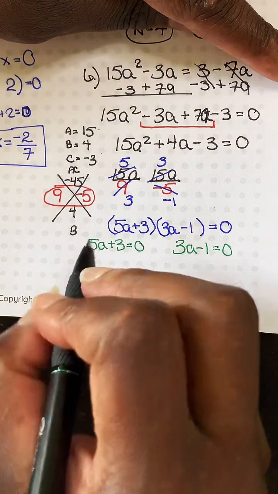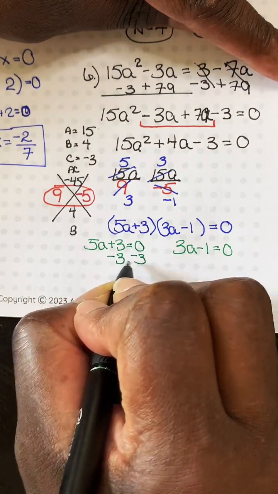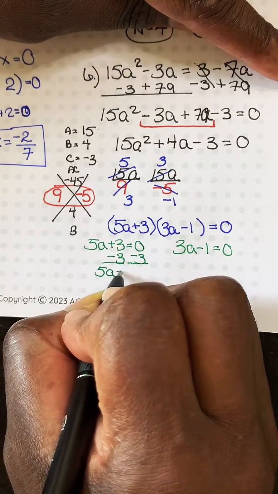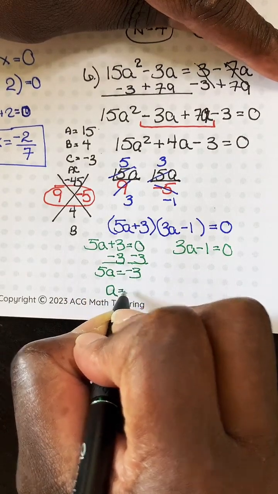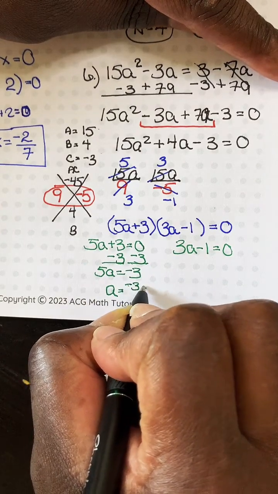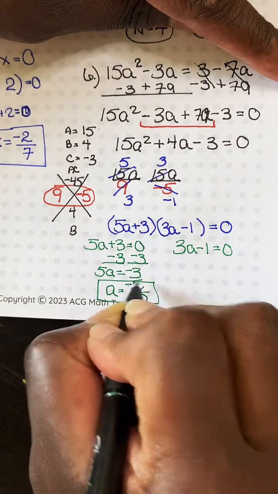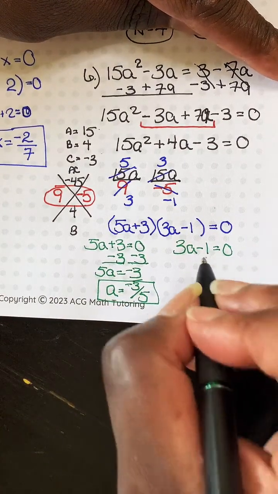So what do I get for here? I'm going to subtract 3 on both sides and then divide by 5. So that means A is equal to a negative 3/5. Same thing's happening here.